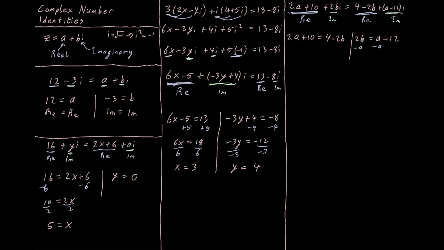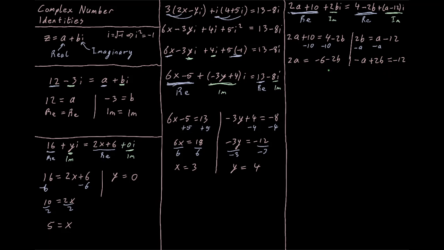I want the letters on the left-hand side, and I want the numbers on the right-hand side here. So I can rearrange everything and end up with 2a is equal to minus 6 minus 2b. And here I have minus a plus 2b is equal to minus 12. So that equation is now as I want it.